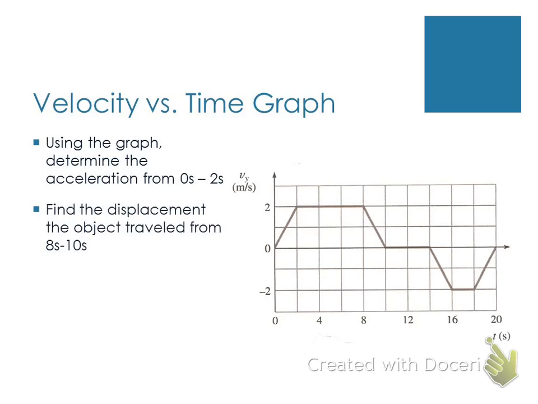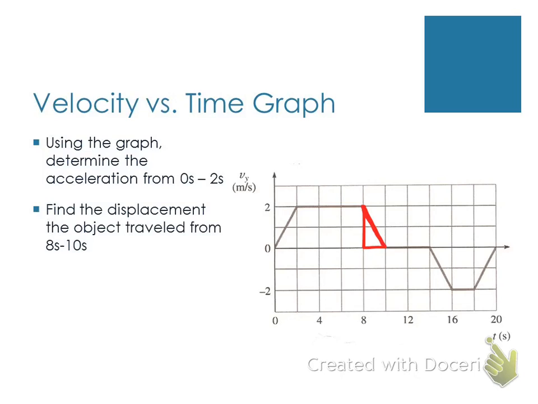All right, let's find displacement from 8 to 10 seconds. The displacement the object traveled from 8 to 10 seconds. So when we find displacement from a velocity versus time graph, what's going to be the process here? Yep, we're going to find the area from the graph to the x-axis. Our graph traveled at this line right here.